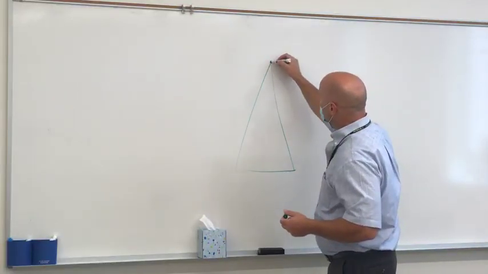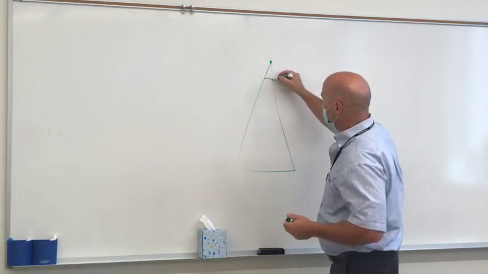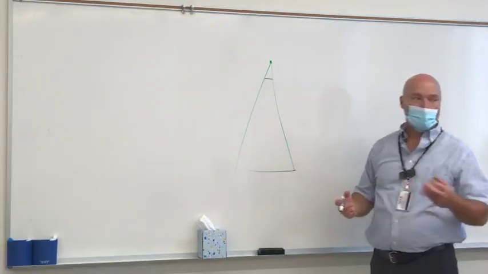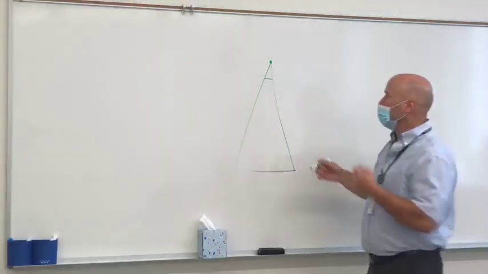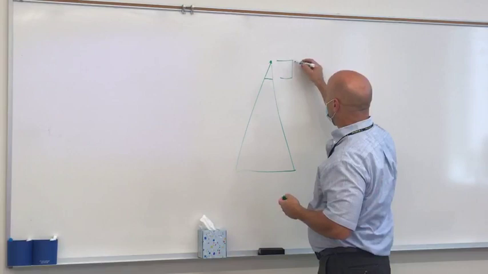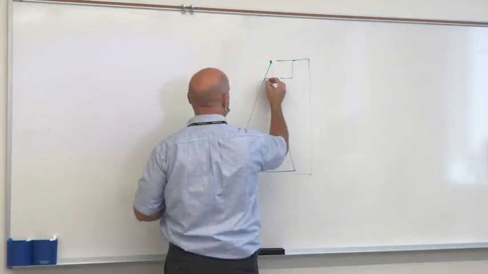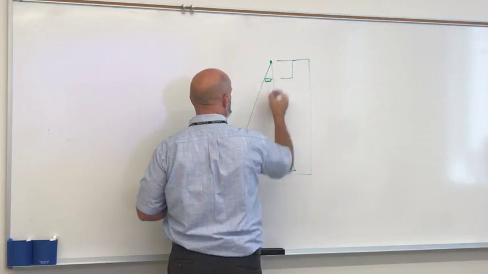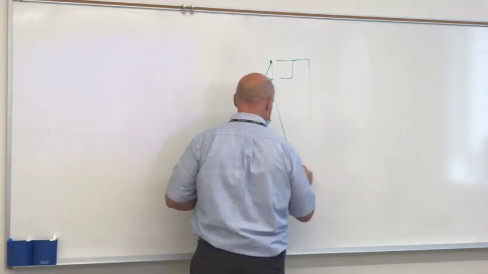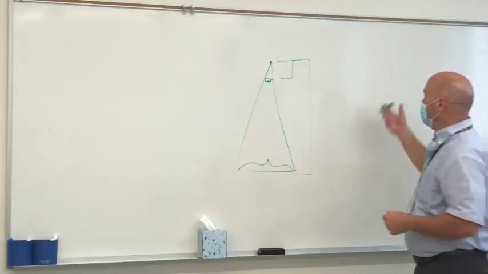You've got a distance from the focus to the aperture, or where the opening is, be it an aperture diaphragm or collimation. So you've got a distance from here to here, and then from here to here, and then this distance versus this distance.